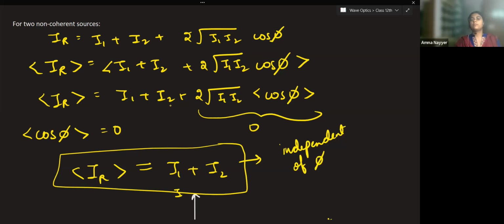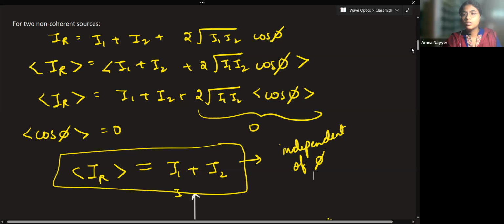Now let's plot the graph. For coherent sources, the maximum value for the bright fringe was 4I and the minimum was 0. And non-coherent is independent of phase difference.